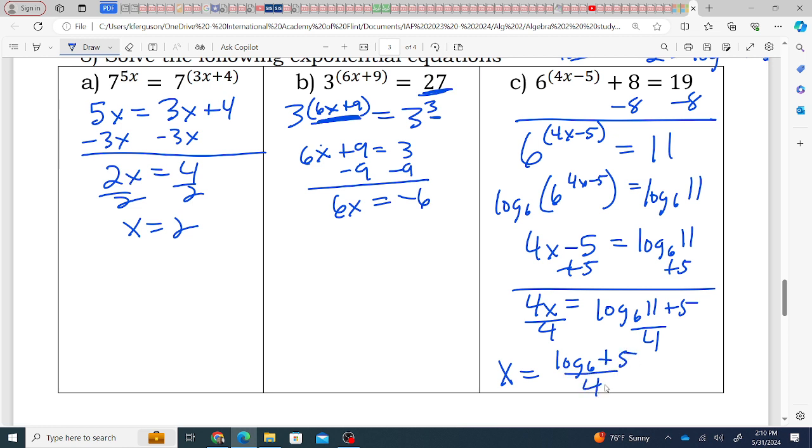Oops, that's 11. Let me write that again because that looks confusing. So this is my answer: x equals log base 6 of 11 plus 5, divided by 4. And we're going to pause on that.